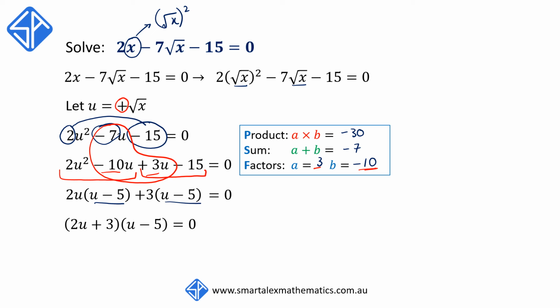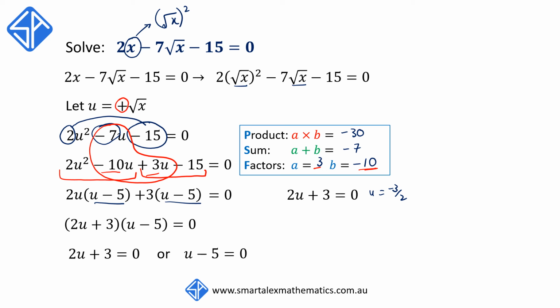Now, for this equation to be 0, we again use the null factor law. We can have either 2u plus 3 is equal to 0 or u minus 5 is equal to 0. If 2u plus 3 is equal to 0, this would mean that u is equal to minus 3 on 2.